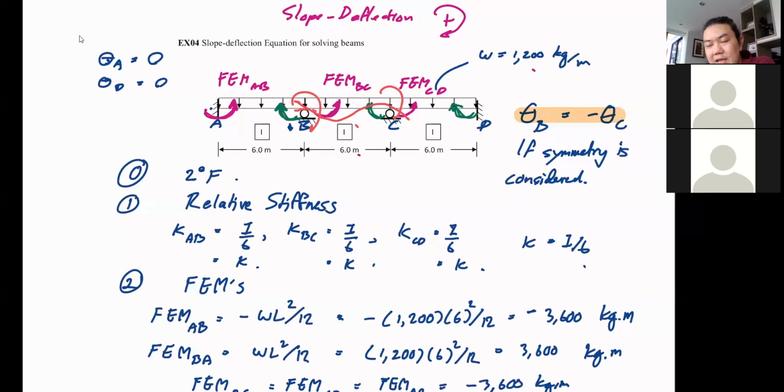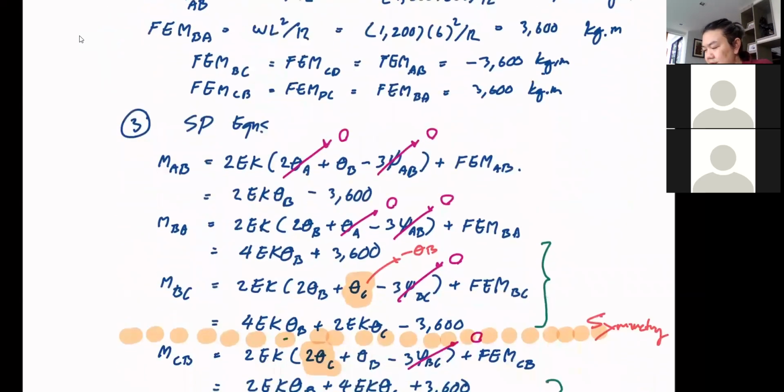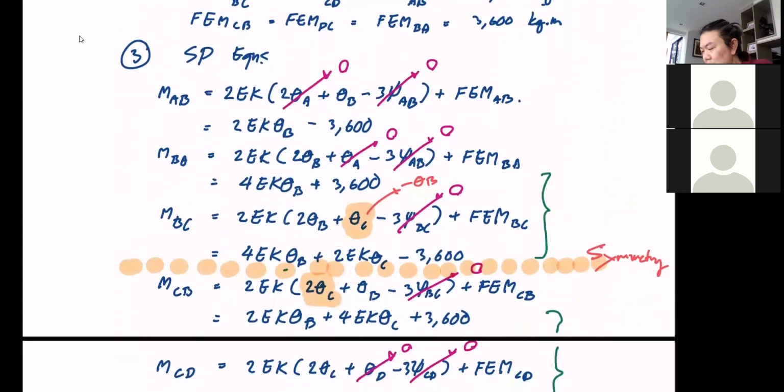So good engineers have to be lazy, so they say. And in order to be lazy, you must know how to take advantage when it presents itself to you like this. It's symmetry. So I'm too lazy to do it. I'm just going to write one equation because I know zeta C is equal to minus zeta B. So my work ends here.